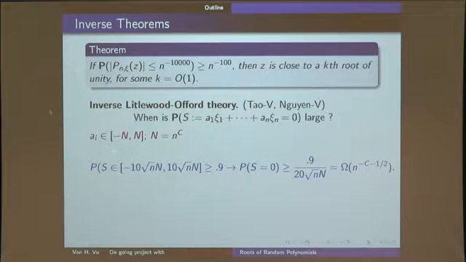The trivial one is the following. Let's imagine that all the a_i are integers, in a small interval of length, say, n to the 3. Then by the central limit theorem, we know that with a fair chance, say at least 0.9, s should be in the square root n blow-up of this interval.